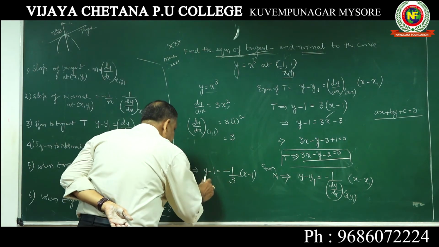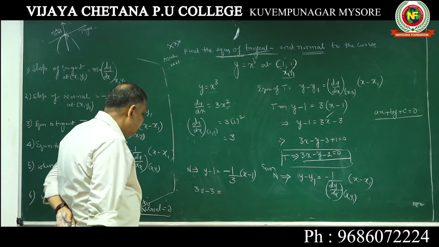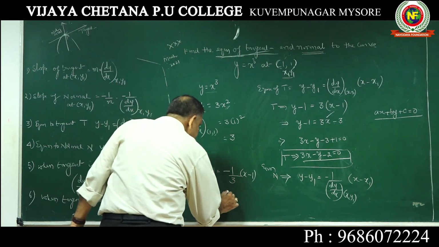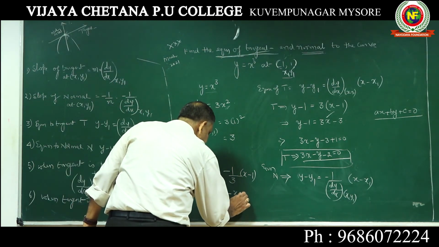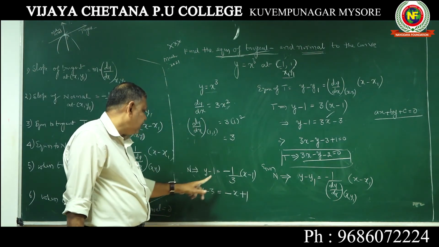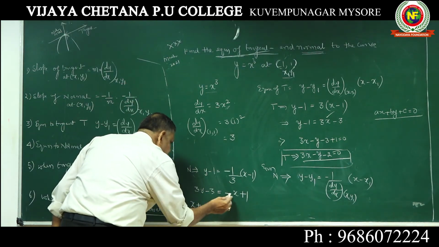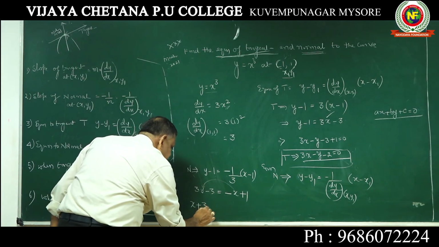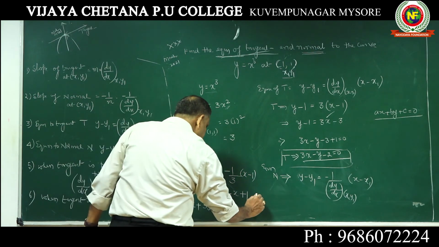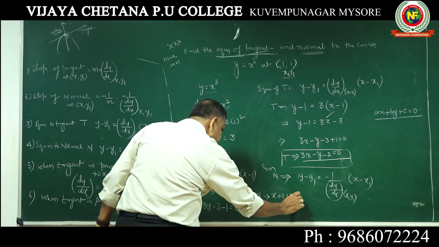Cross multiply, 3 into y minus 1, 3y minus 3 is equal to minus x plus 1. Shift this side: x plus 3y minus 3 minus 1 equal to 0. Our normal answer is x plus 3y minus 4 is equal to 0.